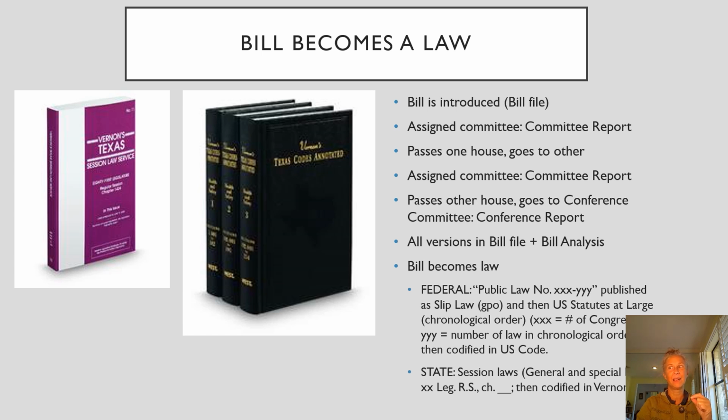So I think occasionally they'll call 3, which basically just means we didn't pass all the stuff that the governor wants you to pass. He calls you back to work, and you have to work some more. And all that material gets put into a different little volume. And then they get codified in Vernon's, which is our codes annotated.